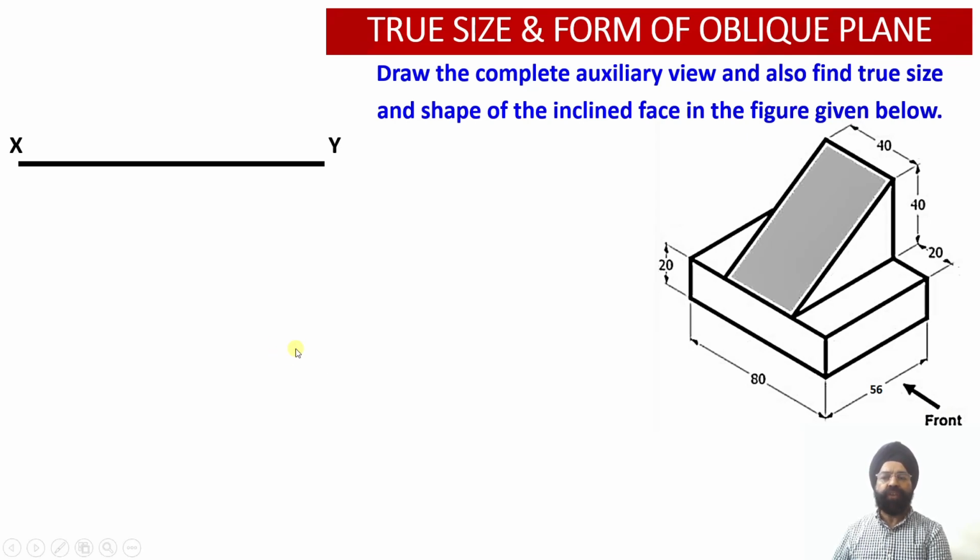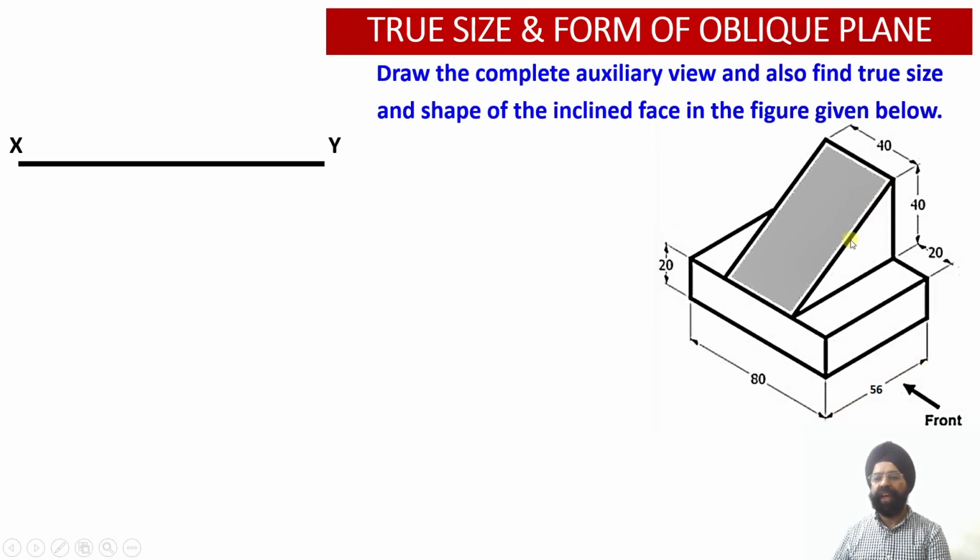of the solid. As we observe the solid from the front side, we observe that the width of the solid happens to be 56 millimeter, and we can divide the solid into two elements. Element number one is the base block, which has a height equal to 20 millimeter and a width equal to 56 millimeter.